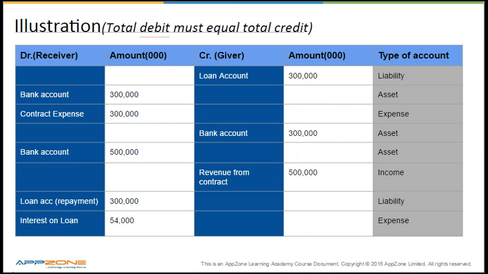We have a book that says our revenue from contractors. That account represents our contractors, giving to our bank account 500 million naira. In that case, we will be debiting our bank account 500 million for receiving such an amount, and we'll be crediting our revenue from our contract 500 million.